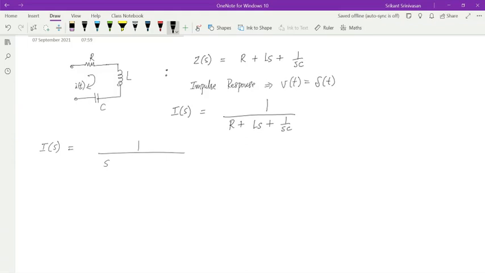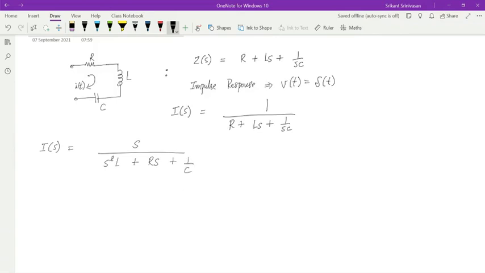So I have S square. If I multiply the numerator and denominator by S, the numerator is S over here, and the denominator is S square L plus RS plus 1 over C.